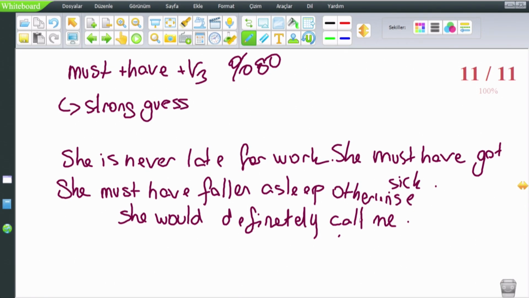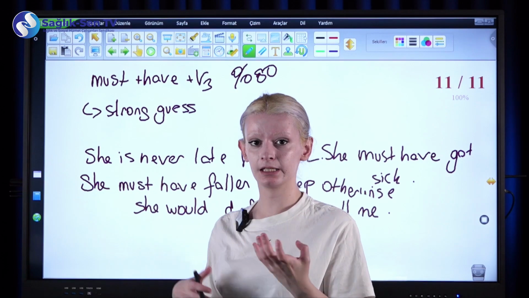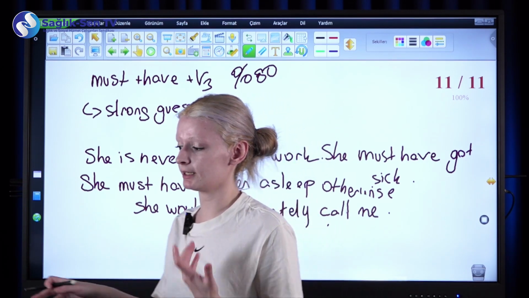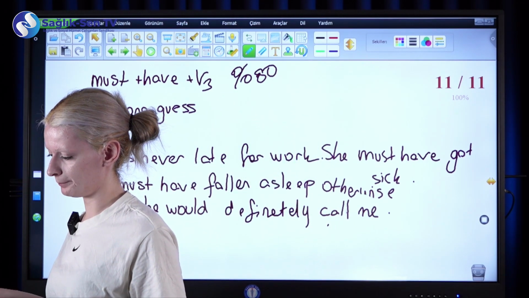As you can see, it is a strong guess, but are we sure? Do we know that she is sleeping? No, but we are making a strong guess here.